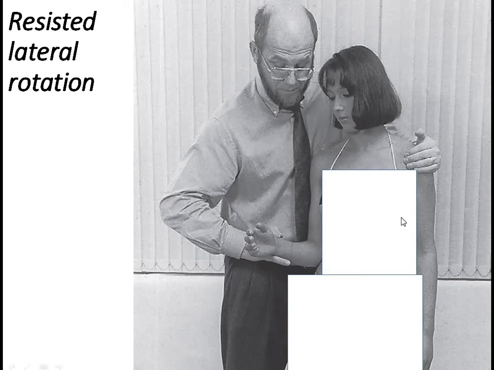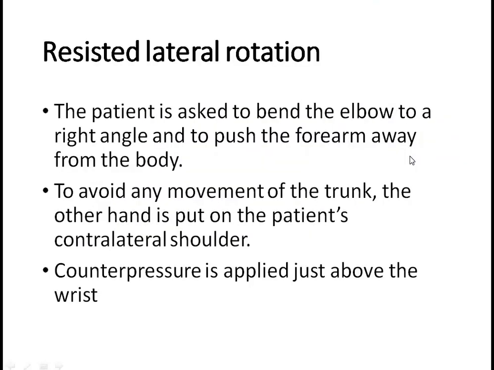just because when the patient is going to externally rotate or laterally rotate the shoulder joint, there should be no movement at the other side. So that hand on the contralateral shoulder is just to avoid any movement of the trunk.